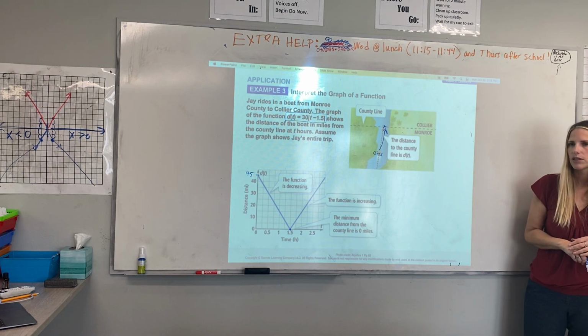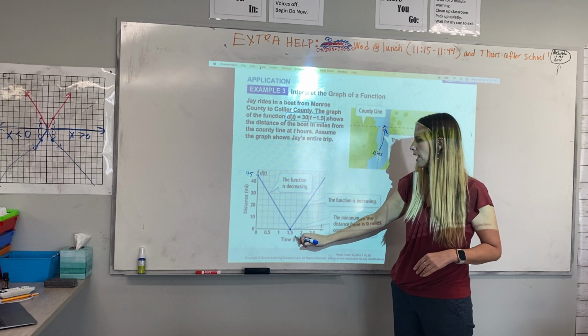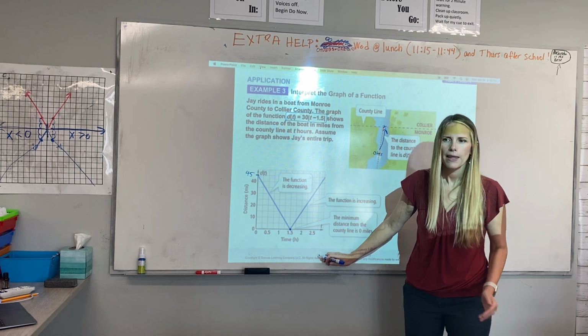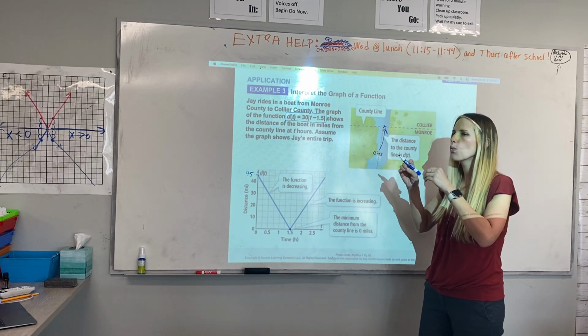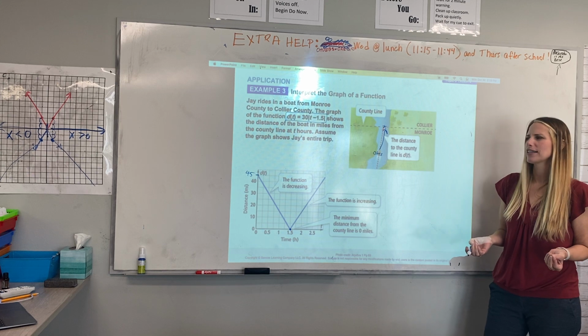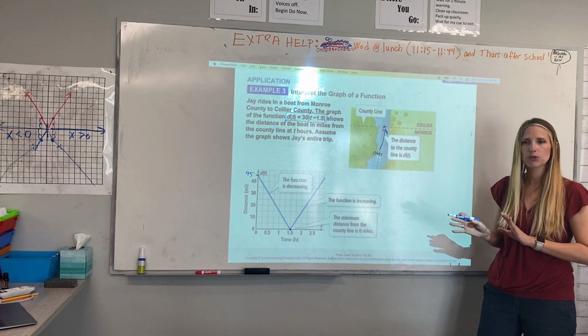Look at the graph. Keep going. He keeps going. So it's not going to go down, down, down, because he's not traveling a negative distance, but he is traveling away from the county line. But we don't measure that in negative miles. So that's why we have an absolute value function.